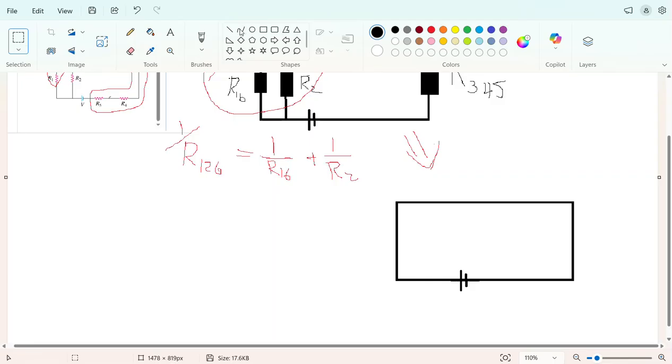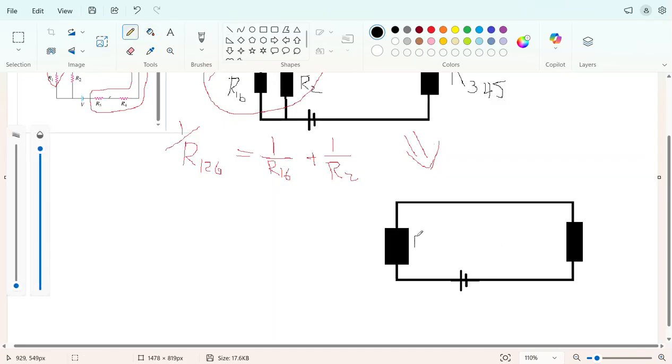All right, and so we have, fill these in. And this is R126. And this is R3,4,5.